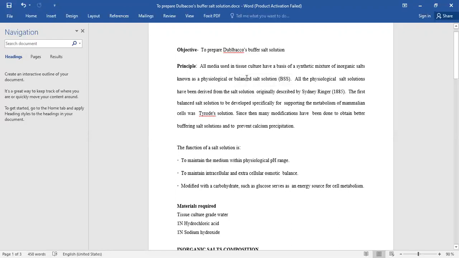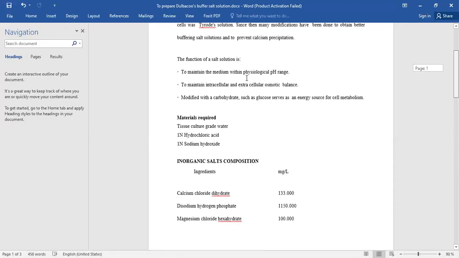The first salt solution was described by Sidney Ringer, and the first salt solution to be developed was Ringer's solution. Okay, so it is clear that balanced salt solution does not have any nutrient capacity. It only has some salts.